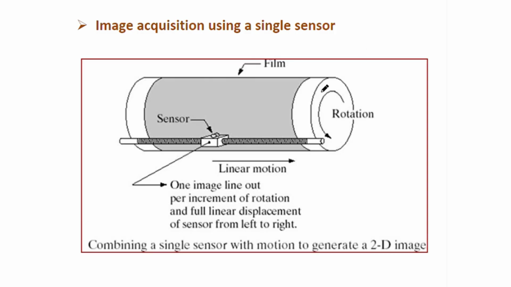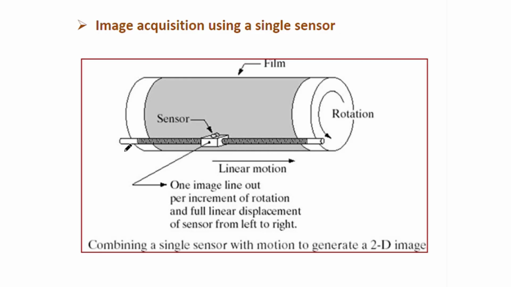See here, this is the drum. This is the strip. This is our single sensor. Now the concept is to generate a 2D image. You have to keep this arrangement before the object. Whenever the object reflects the light, this sensor will move along the strip.